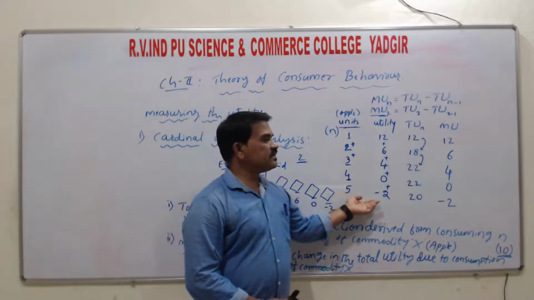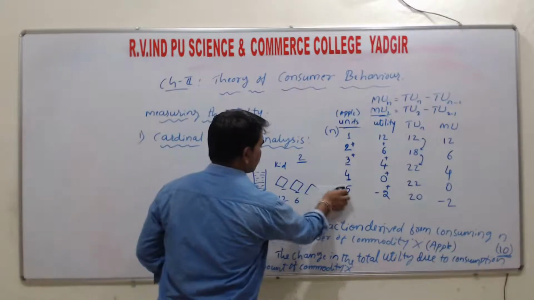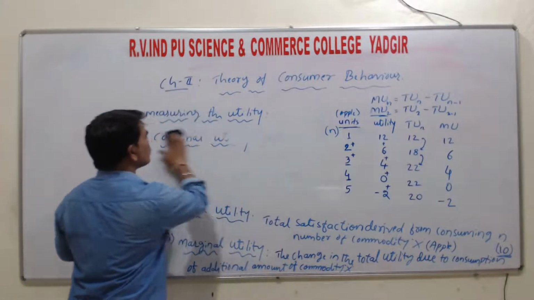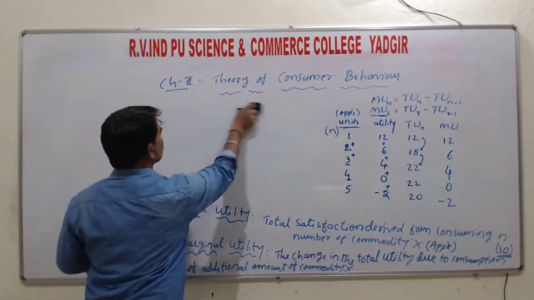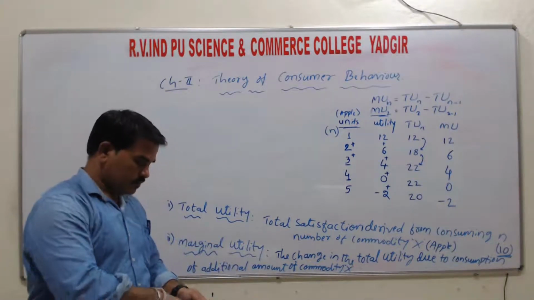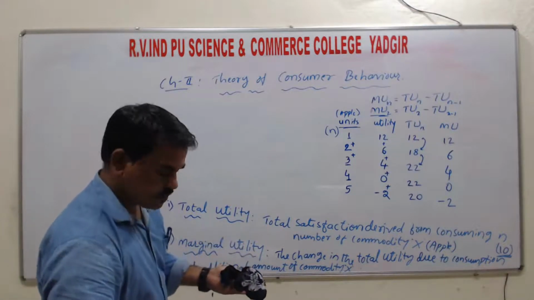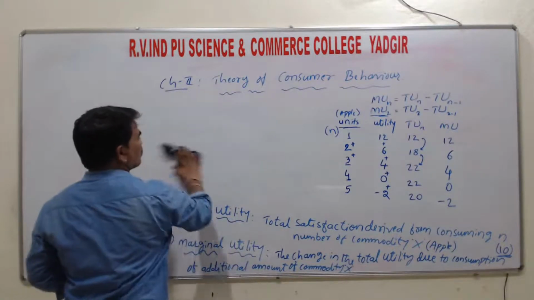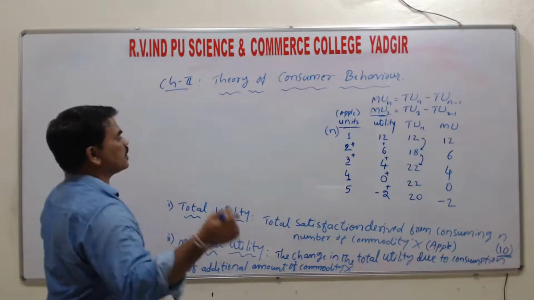If we graphically represent this data, how does that curve look like?